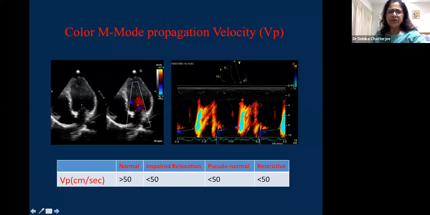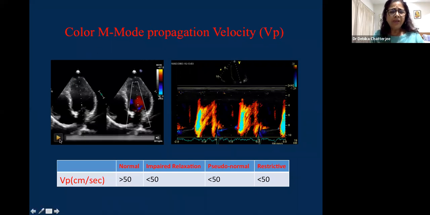Another criterion is the color M-mode propagation velocity, or Vp, we say, propagation velocity, or velocity of propagation. Now, what it is, try to understand.